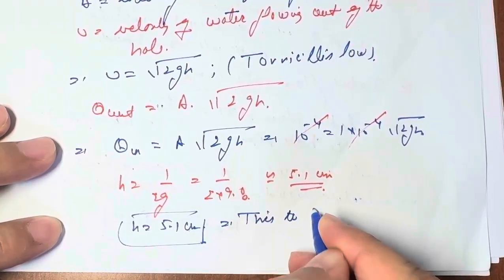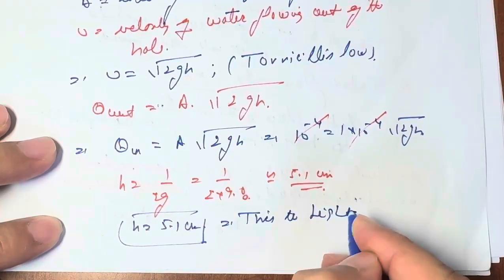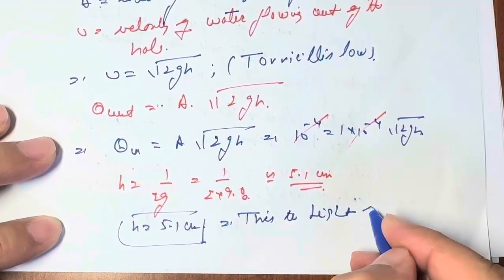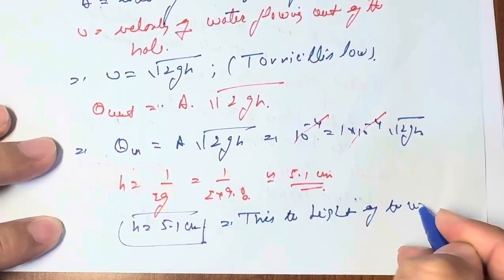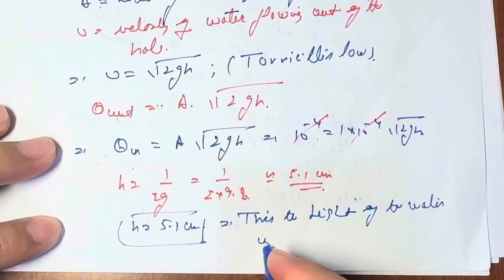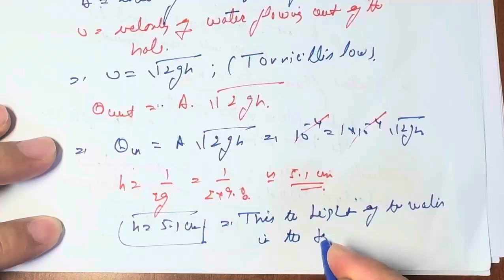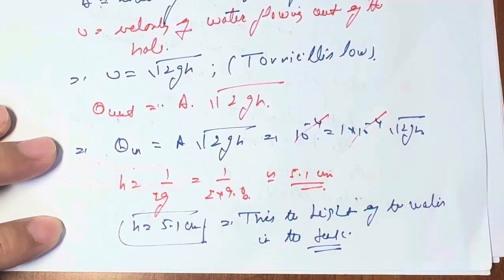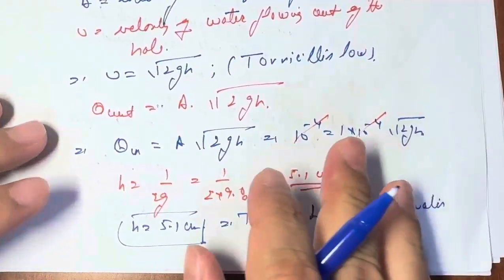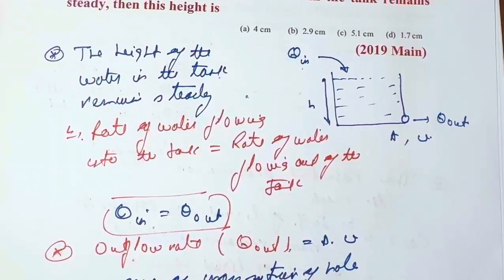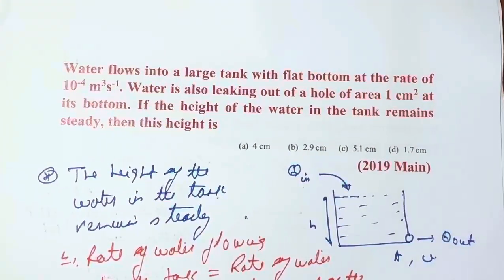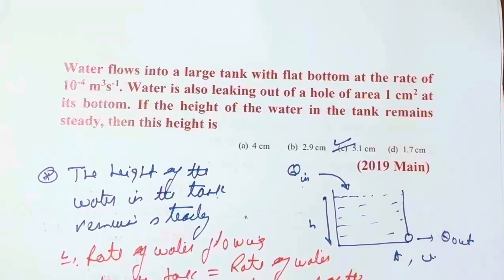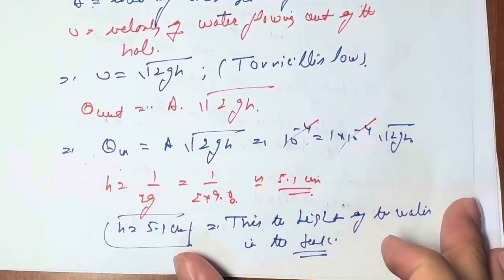This is the height of the water in the tank. So from the options that are available to us, you can see that option C is the correct option.